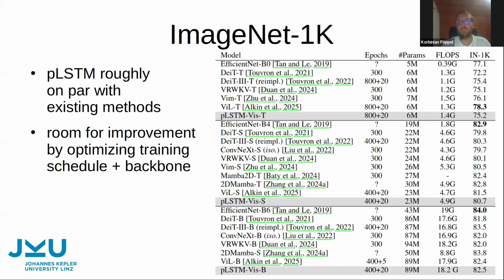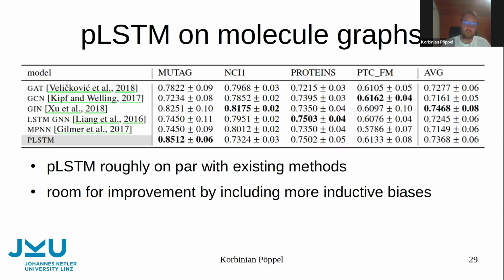So we have here an isotropic, or non-hierarchical, backbone. But in computer vision, it's actually quite common to have a hierarchical backbone because it leads to better results. And because pLSTM works on general directed acyclic graphs, we also applied it on standard graph benchmarks and show that it has comparable performance to established models.